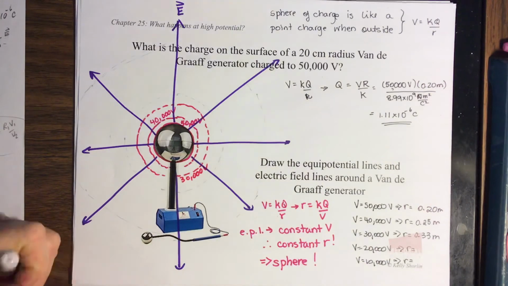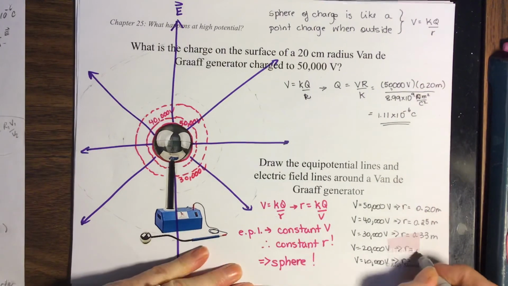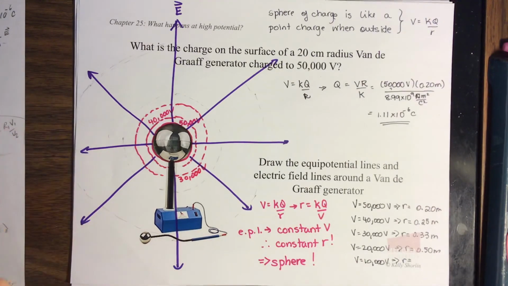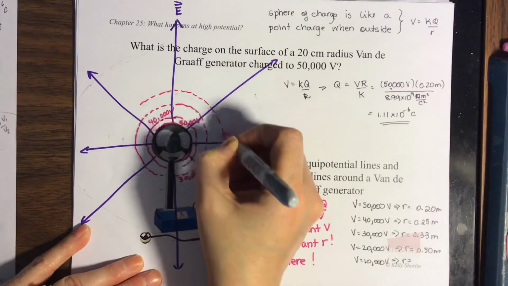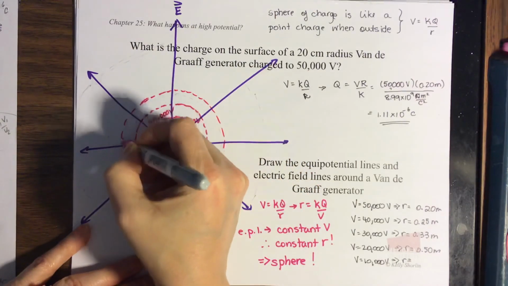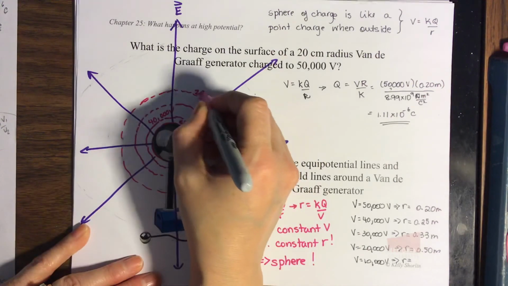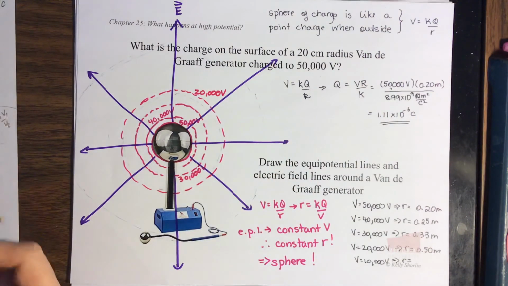My next one at 20,000 volts has a radius of 50 centimeters. Draw that one next. So that's out a bit further. It's hard to get the circles really good. 20,000 volts. And then my last one is my 10,000 volt line.